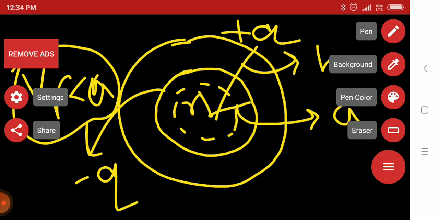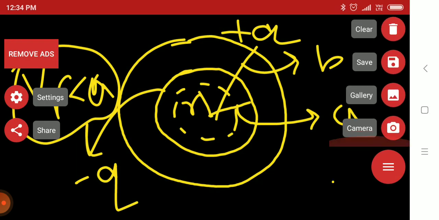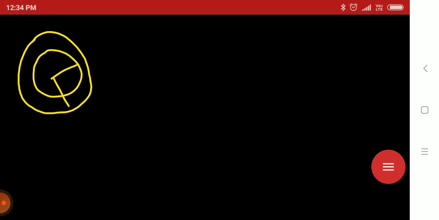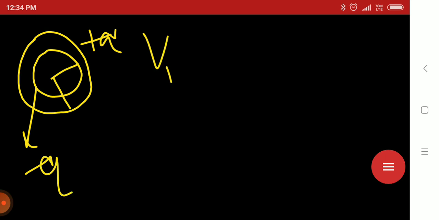Now I will do the things here. First of all, drawing simply A radius, B radius, plus Q, here minus Q. So for V, R less than A, when we are obtaining the potential less than A, that means when at a point R, the potential will be due to what?